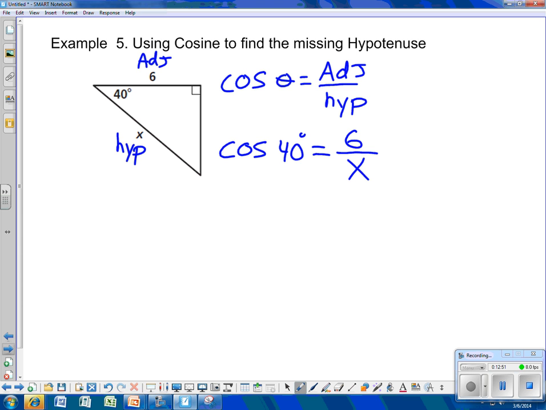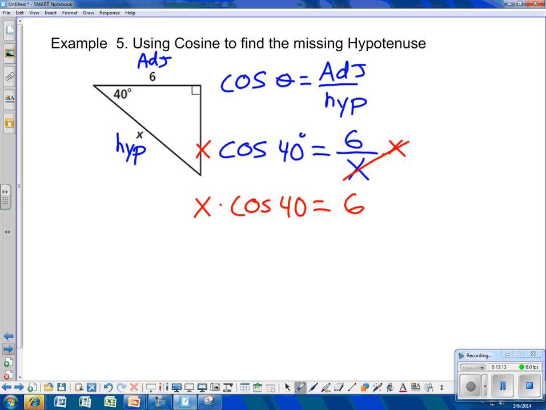We can do the same thing to solve this one as we did on the previous example. Start by multiplying both sides by x. We end up canceling x on the right side. x times cosine 40 equals 6.